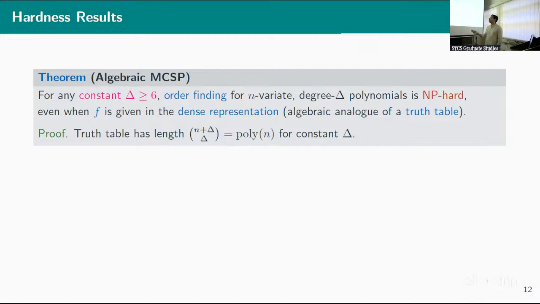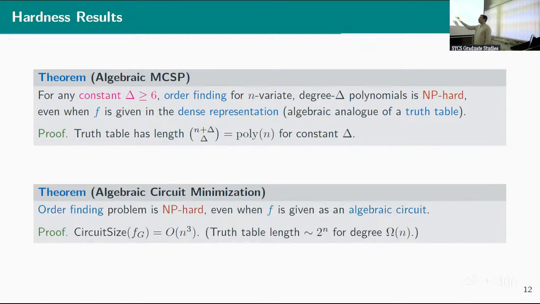So what happens in the other case? Once the degree starts growing, the truth table length explodes. It could be exponential, even if your degree is like n over 2 or any constant times n. But remember that we still get a sparse polynomial. The polynomial only has n squared coefficients, so trivially it has a depth 2 circuit, a sum of monomials representation, of size about n cubed.